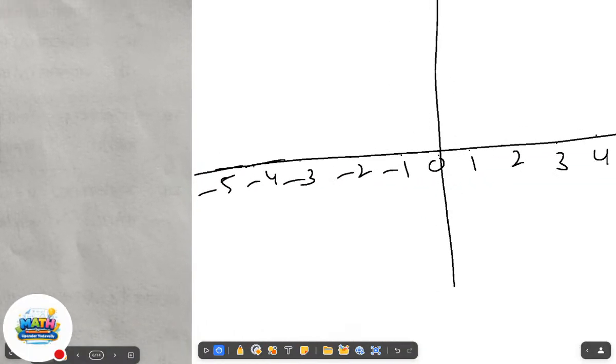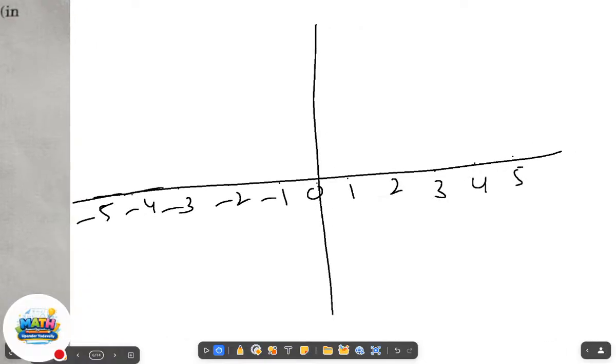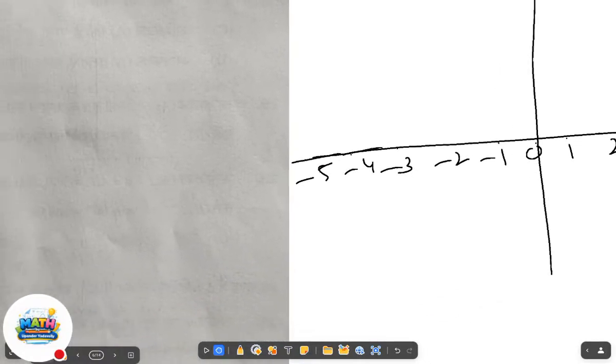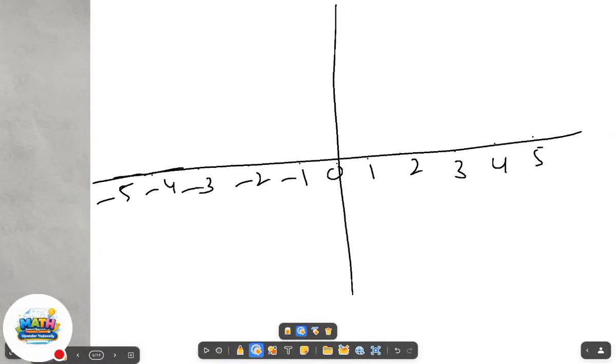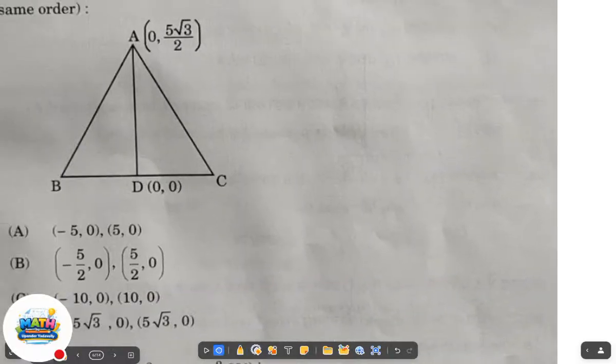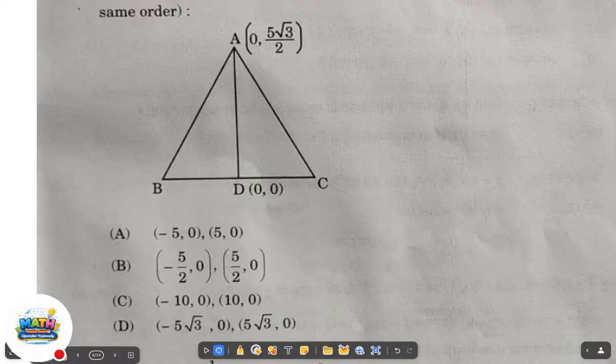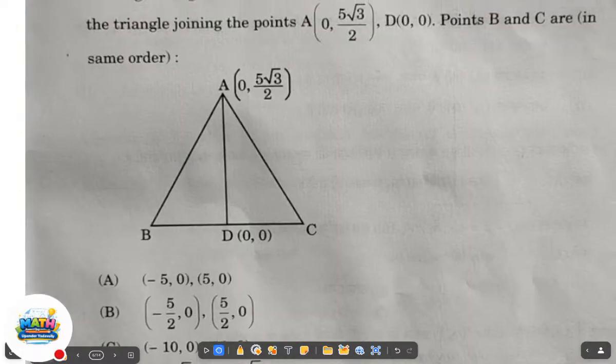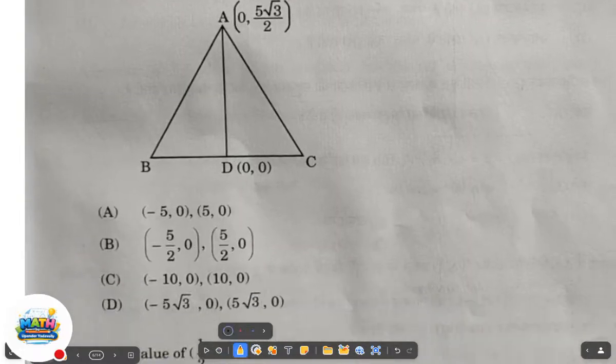Okay. Let's not take this one. Let's solve it directly. Let's check the options one by one.